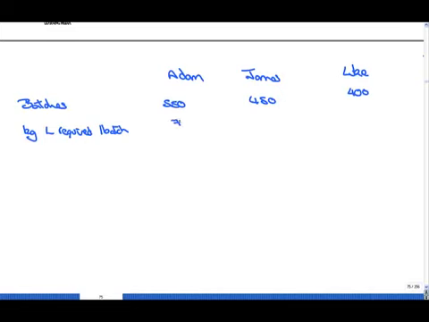So we need 7, 9 and 4. So kilos of L required in total.